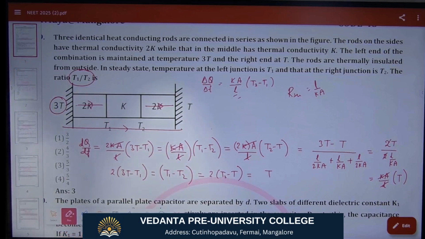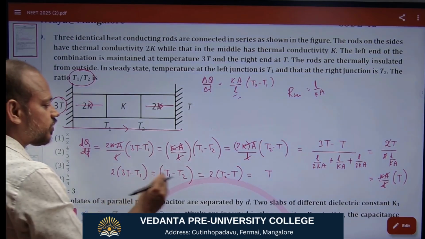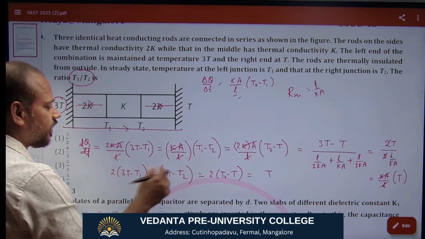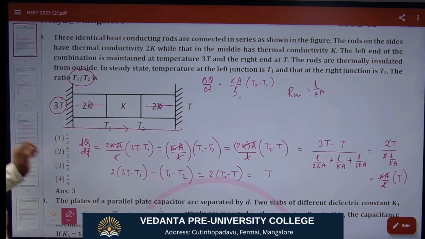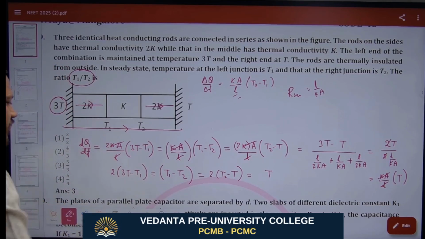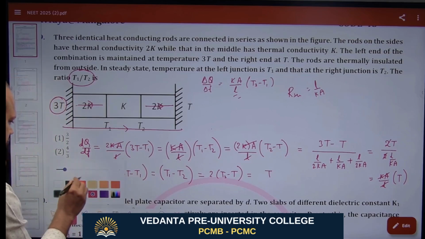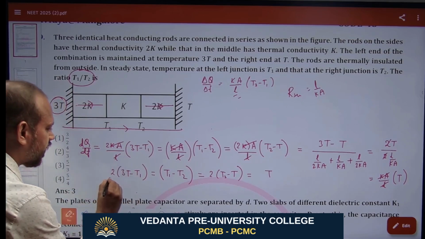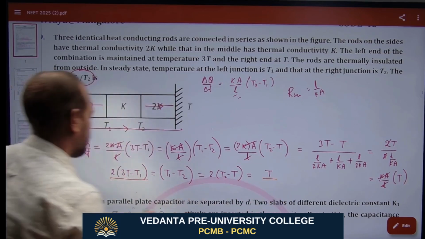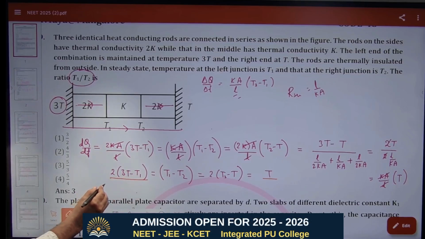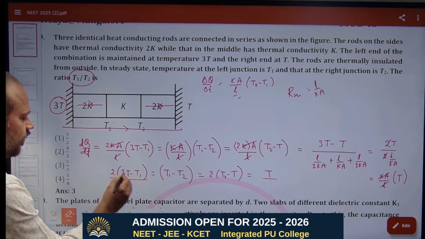Okay, now it is very much simplified. Then choose any of the equations to solve for T1 and T2. If you can find the ratio directly, it's fine. Otherwise, if I equate this one with this, I'll get the value of T1, right? So let's calculate it mentally.